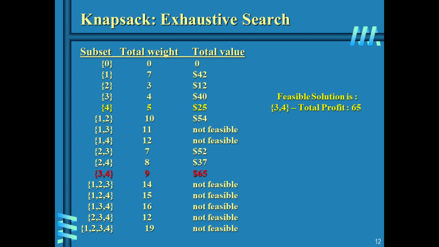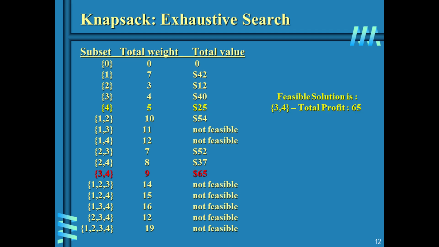Next, I am trying to place item number 2 and 3, whose total weight is 7, which is less than the knapsack capacity 10, and the corresponding value of item number 2 and 3 is 52.